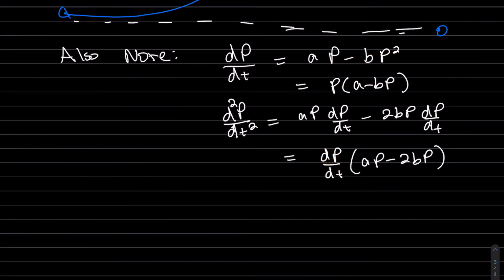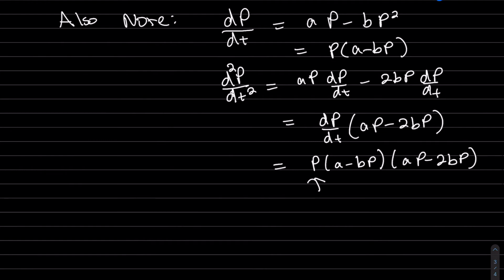That's why I did that. So setting these each equal to 0, we have P equals 0. Not a coincidence, that was our lower bound. We have P equals a over b, right there. Not a coincidence, that was our upper bound.